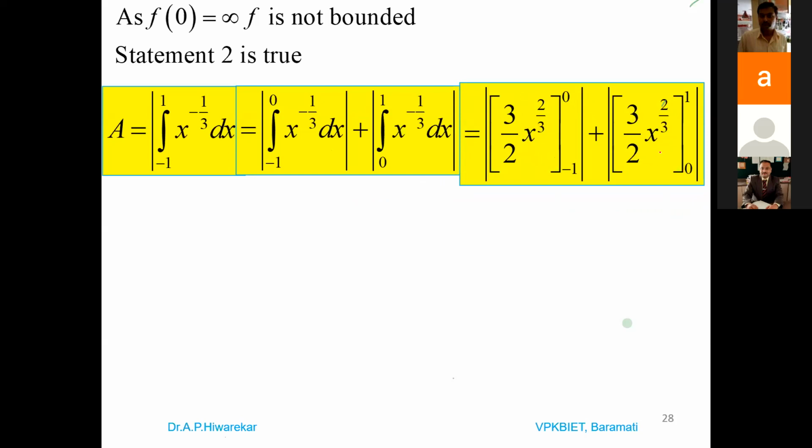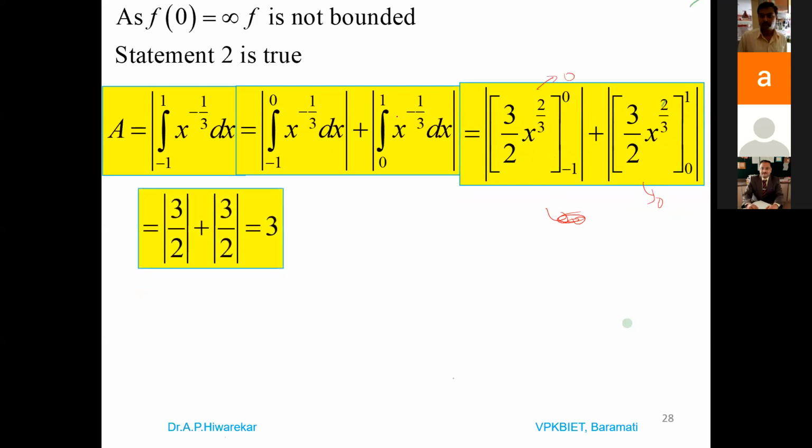Apply limits. For the lower limit this term will be 0, and this is also 0 for the upper limit. Taking the mod, the other limit gives mod of 3 by 2, and this is also mod of 3 by 2, and you will find it as 3.